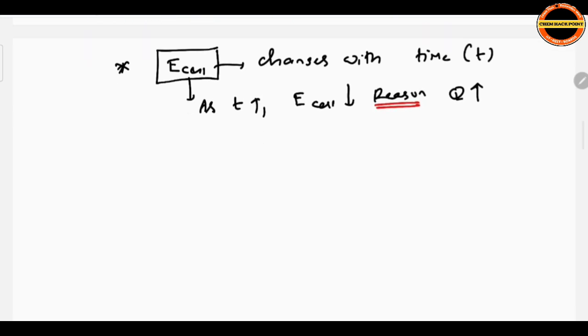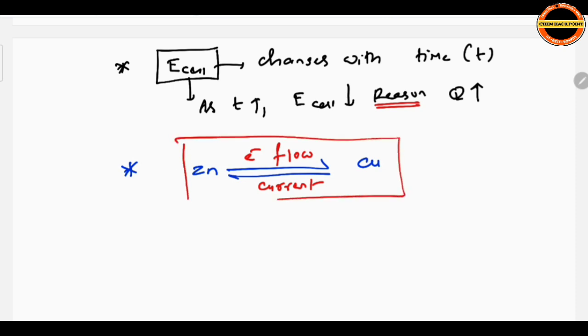Okay. Now come to the current direction as well as electronic direction. If I take zinc as well as copper, electronic flow is in this direction, and current flows exactly opposite to electronic flow.